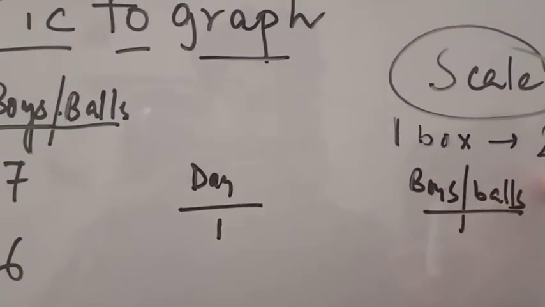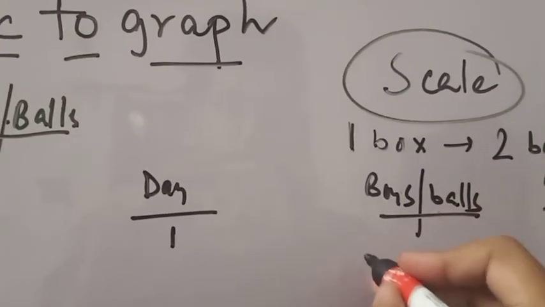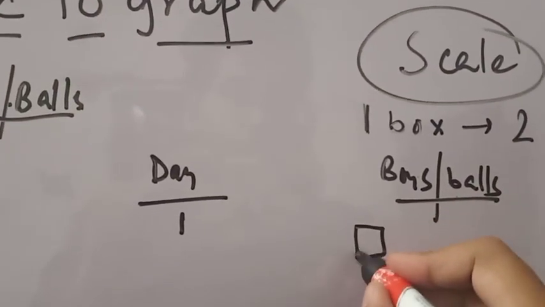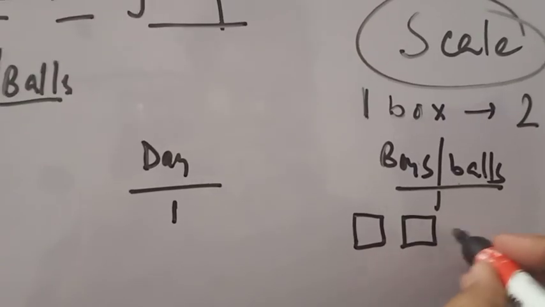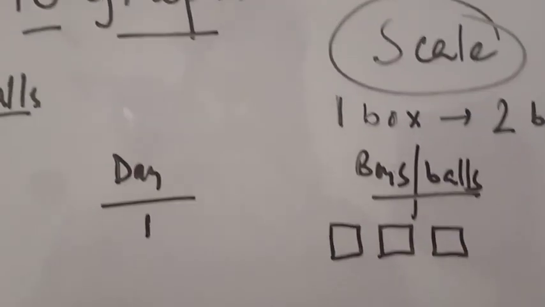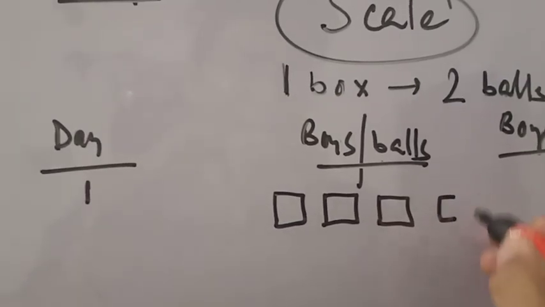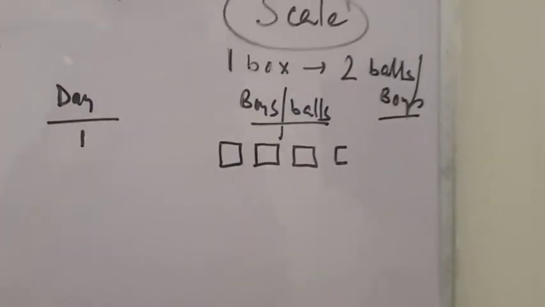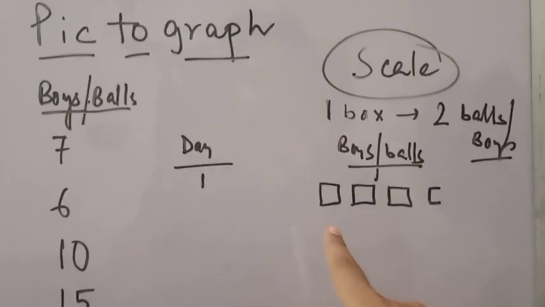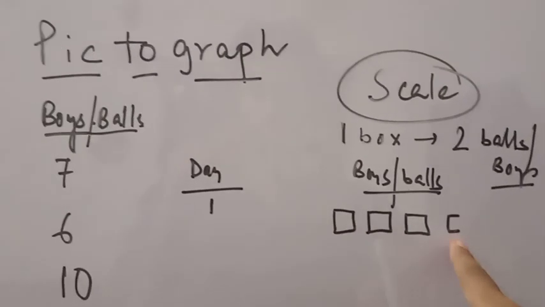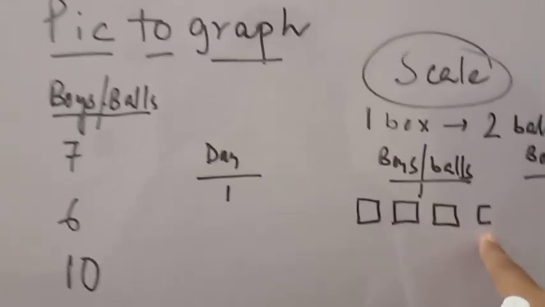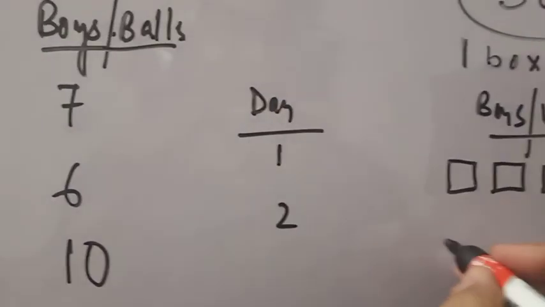That means how many? One box means 2, 4, 6, and 1 half. Half means 1. Okay. So that means 2 plus 2 plus 2 plus 1. That is 7.